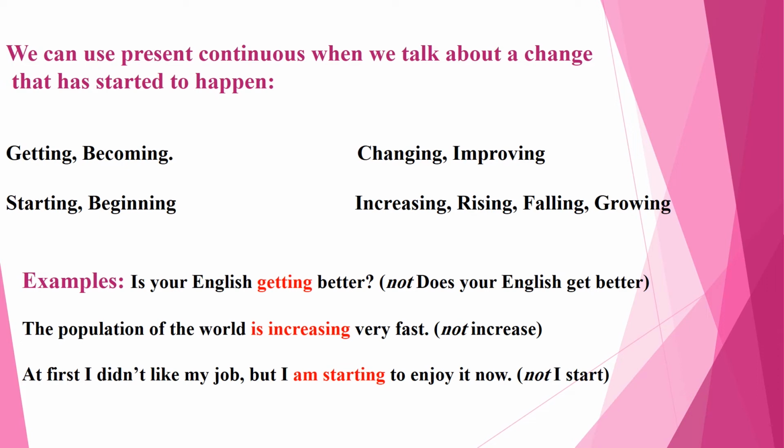Now let's look at some examples. Is your English getting better? Not does your English get better. The population of the world is increasing very fast, not increase. At first I didn't like my job, but I am starting to enjoy it now, not I start.